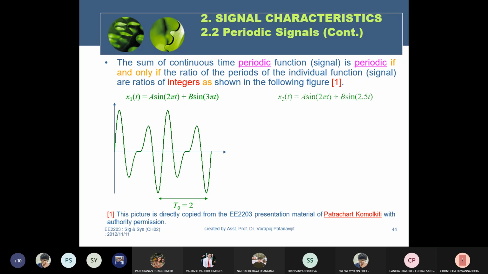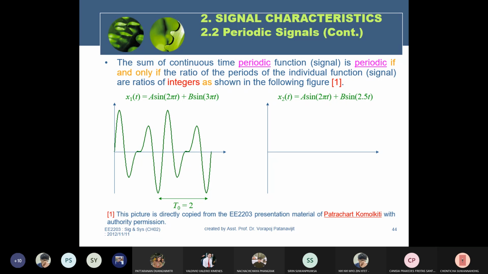Yeah, but in this case, you can see that this side, okay, 2 pi, and this side 2.5. The ratio of them is not rational. 2.5 and 2 pi. Pi is an irrational number, right?